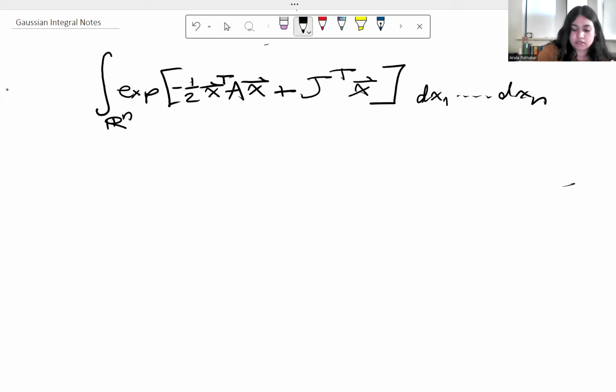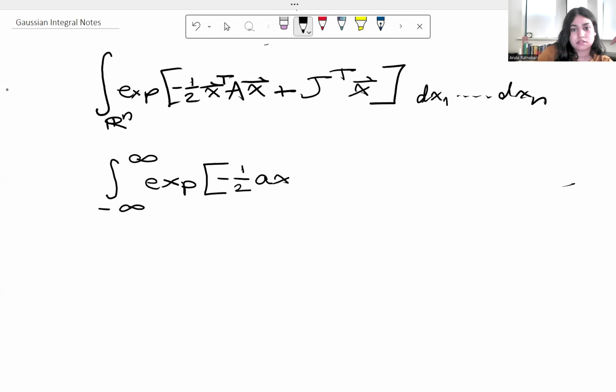This writing thing is really tricky, but okay, I'll start with this really simple case: the integral from negative infinity to infinity of one variable, with an exponent of negative 1/2 a x squared, dx.